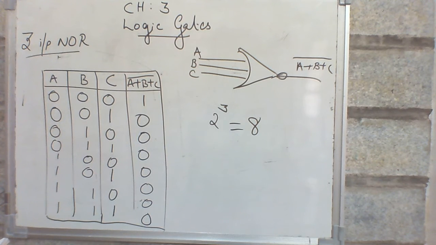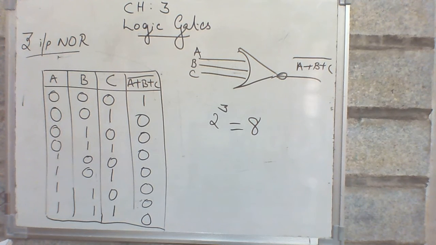What are all the basic gates? NOT gate, OR gate, AND gate. Then what are the derived gates? NOR, NAND, XOR and XNOR.